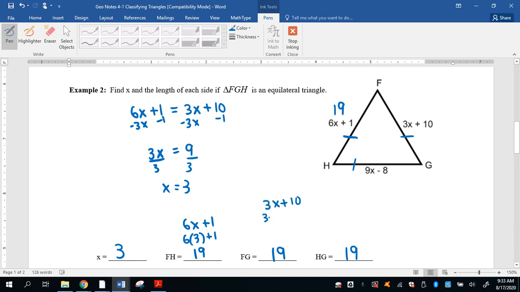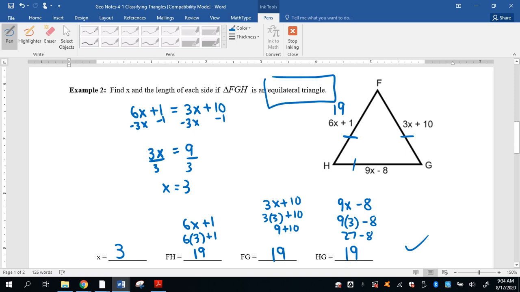Double check that we solved this correctly. So 9 plus 10 is indeed 19. And then finally, the length of line segment HG is 9x minus 8, or 9 times 3 minus 8. 27 minus 8 is also 19. So it's nice to check your work. Now, that's just some simple algebra problems. If you know the vocabulary words, those are pretty easy.